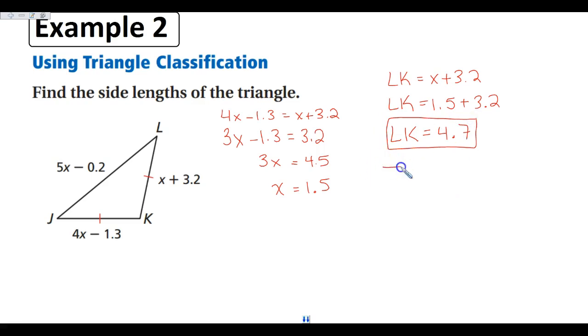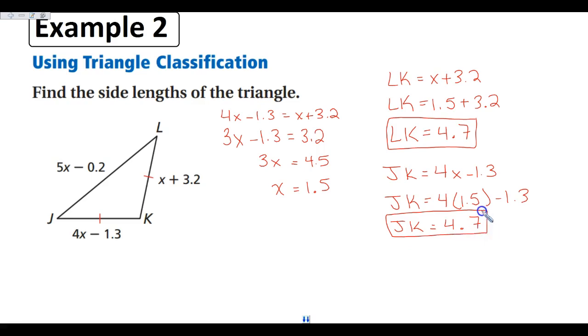All right, then we're going to move to JK, which is 4x minus 1.3. So I'm going to do 4 times 1.5 minus 1.3. Okay, and when I calculate that, I am going to get 4.7. So there's my answer for JK.